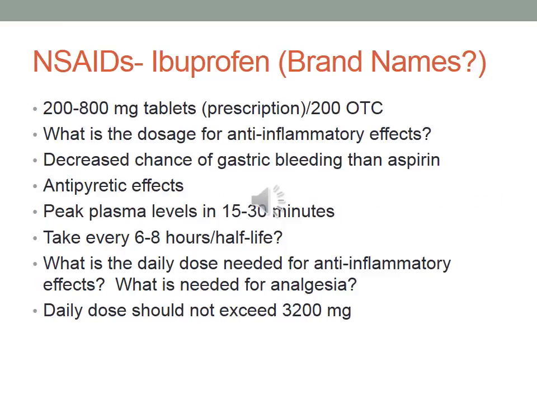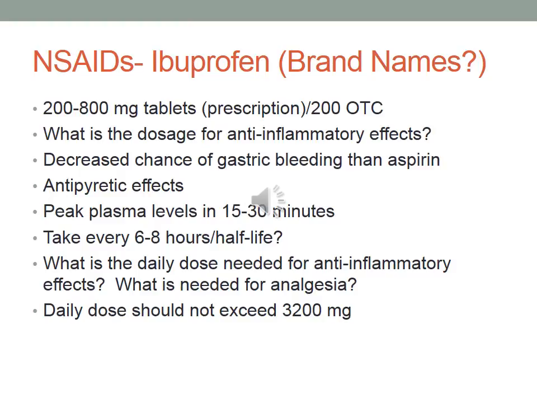So looking at some different types of NSAIDs, ibuprofen, very common one utilized both over the counter and prescription. Some of your brand names, this would be your Advil, your Motrin, are just some examples of brand name ibuprofen. Prescription-wise, they could come in anywhere from 200 to 800 milligram tablets. Over the counter, only sold in 200 milligram.